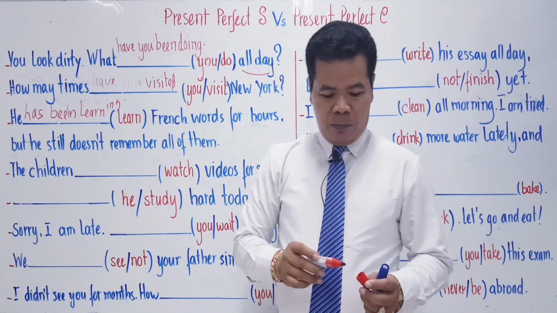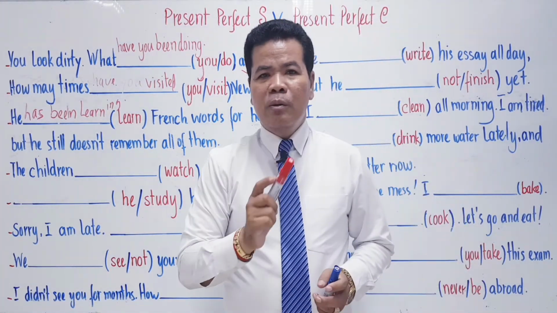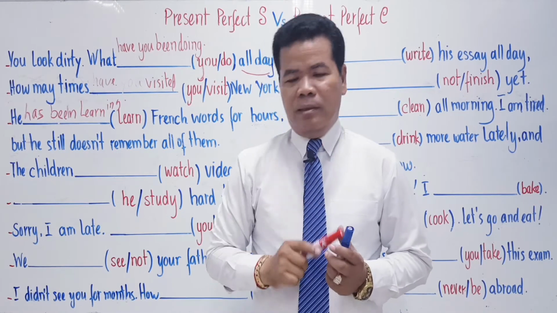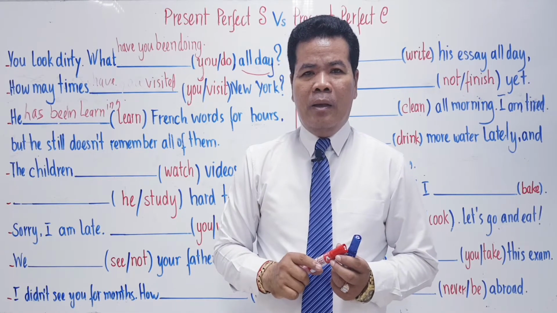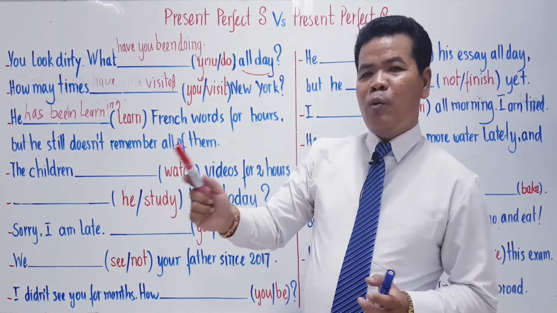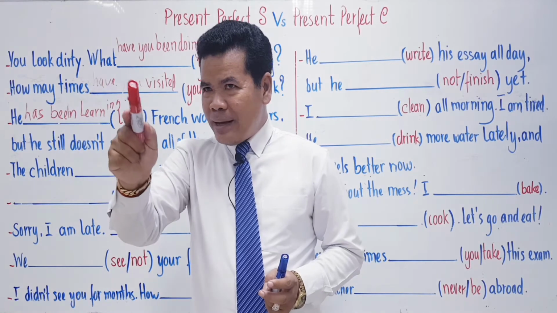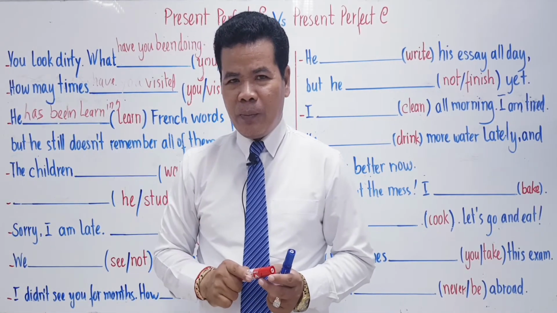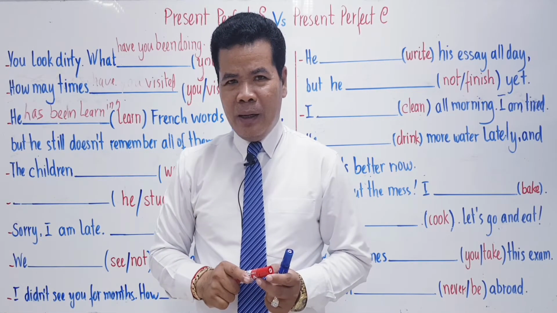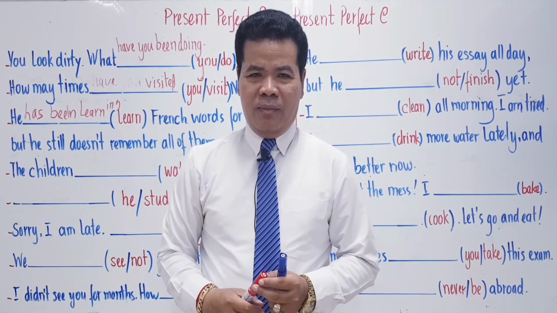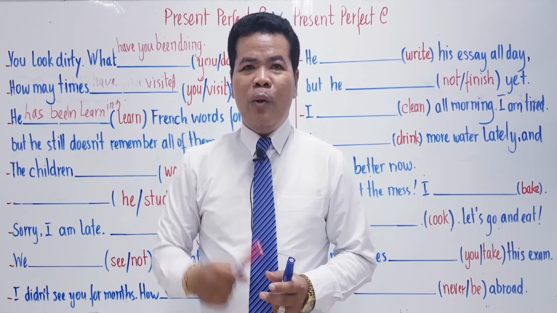Okay, now let me give you something in detail. In case you go to someone's house and you see the children are still watching a movie. Okay? But you don't know what time they started watching TV. Okay? You ask the parent.